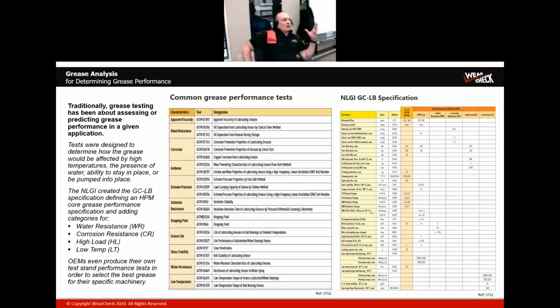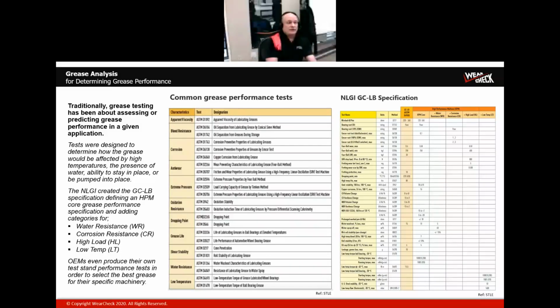The testing that was designed was really developed to look at how grease was expected to perform in a given application, a bearing or a bowl gear or something. So a lot of that type of testing was done by oil companies or very specialized labs, right?